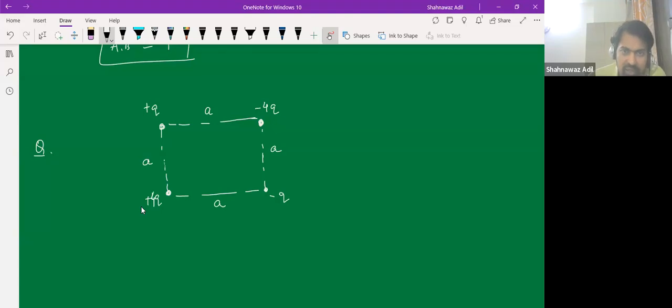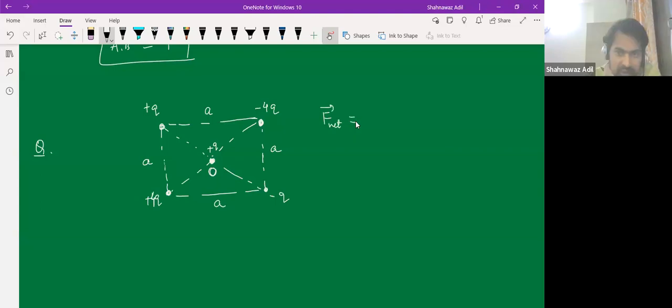And then you want to calculate the force on the test charge which is kept at the center. So some charge plus q is kept here, and let's say this is point O. What is F net at point O?